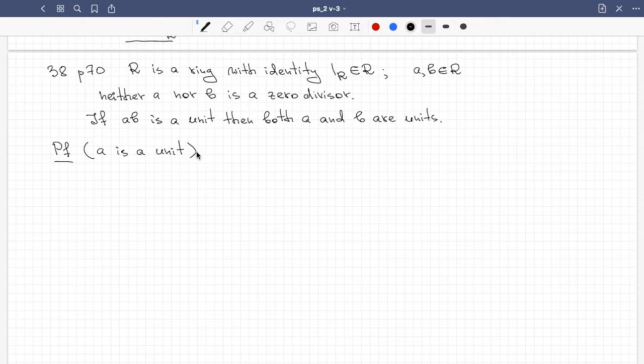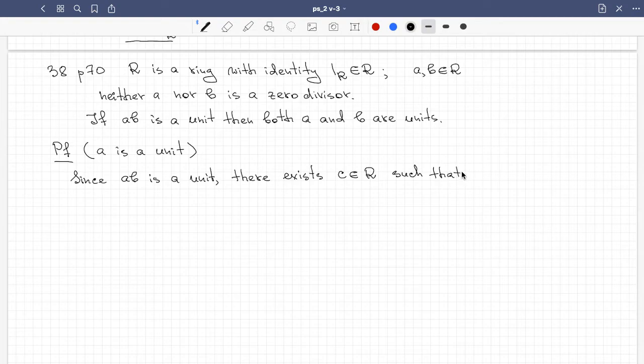Now, AB is a unit implies the existence of an element C. Since AB is a unit, there exists C in the ring, the inverse, such that AB times C equals identity.